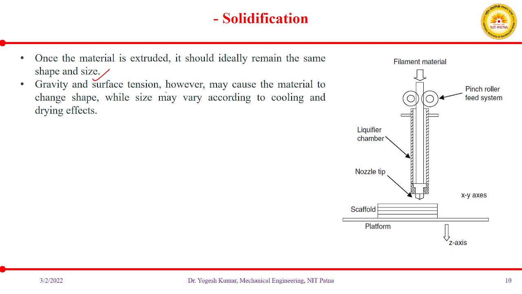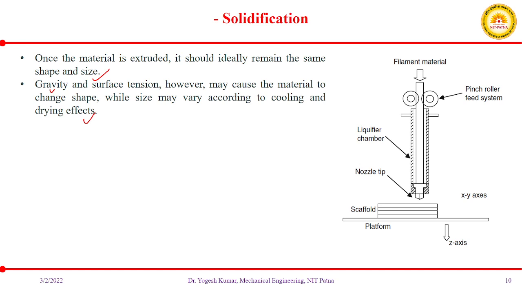Gravity and surface tension, however, may cause the material to change shape. Since it is in the form of liquid, obviously due to gravity the material gets distorted, as well as due to surface tension. There may be minor changes in your shape.